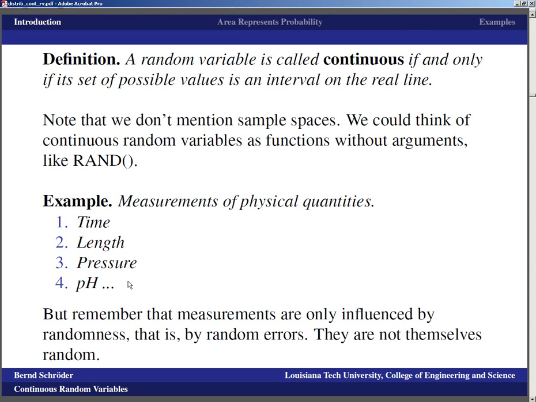What I could get, however, is a measurement of 5.71 or so, because there may be random fluctuation in the apparatus, or the apparatus may only have 2 digits that really are fully reliable, and the rest is influenced by randomness, right? Influenced, not random itself.